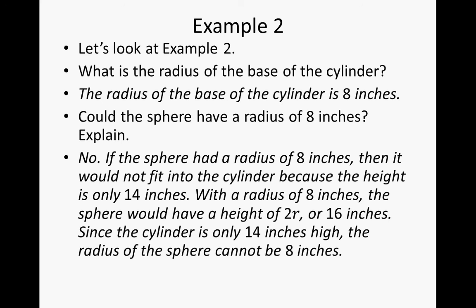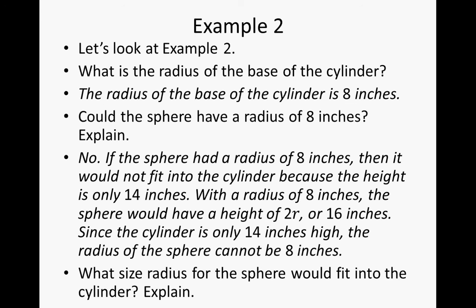No. If the sphere had a radius of 8 inches, then it would not fit into the cylinder because the height is only 14 inches. With a radius of 8 inches, the sphere would have to have a height of 2 times r, or 16 inches. Since the cylinder is only 14 inches high, the radius of the sphere cannot be 8 inches.